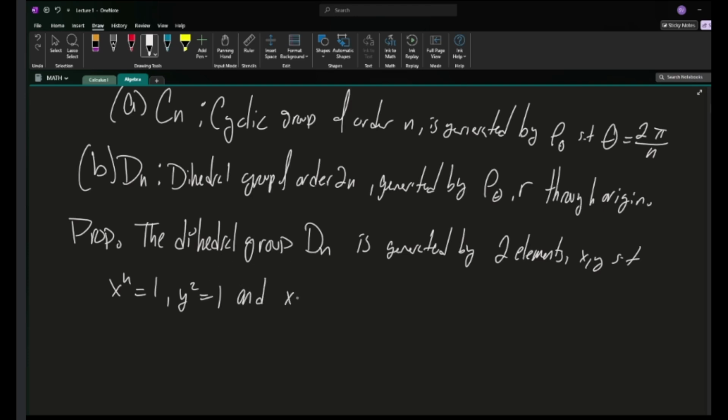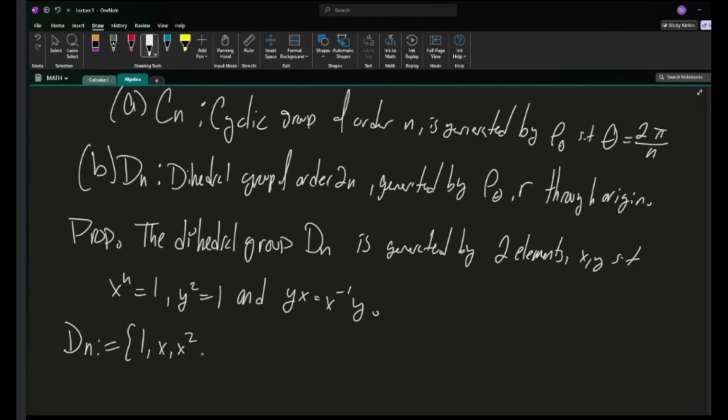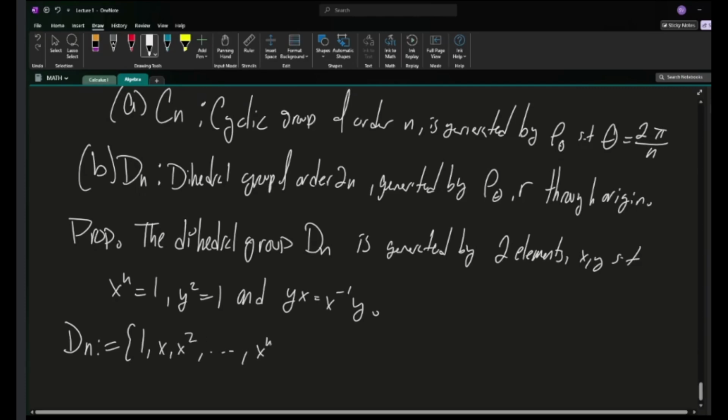And yx is equal to x inverse y. Then Dn is established as the elements 1, x, x squared, to x to the n minus 1, y, xy, x to the n minus 1 y.